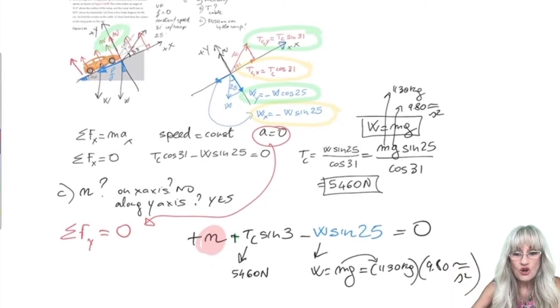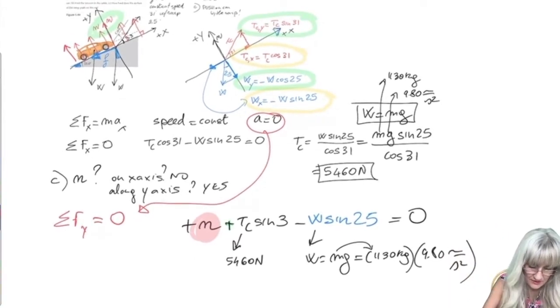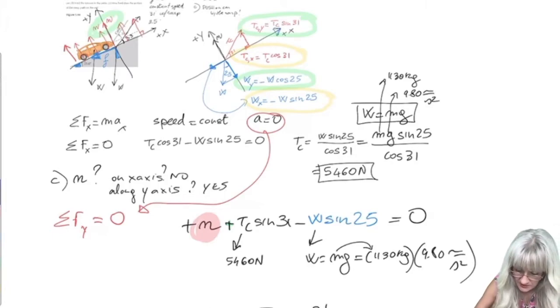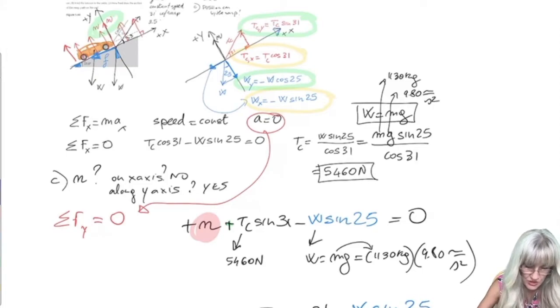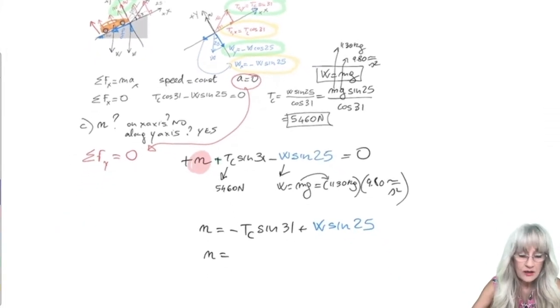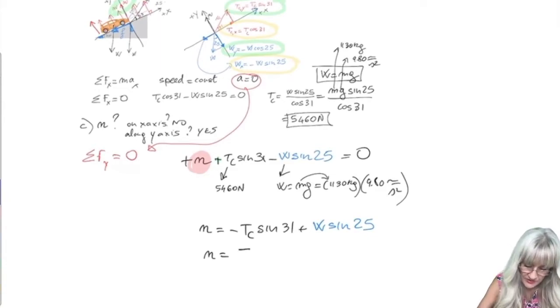So when you solve it, I'm going to do a little bit of algebra. This one becomes negative, going on the other side of the equal. Sine of 31, the weight component y becomes positive. And if you do all the algebra, the normal will come out 7220 Newton.